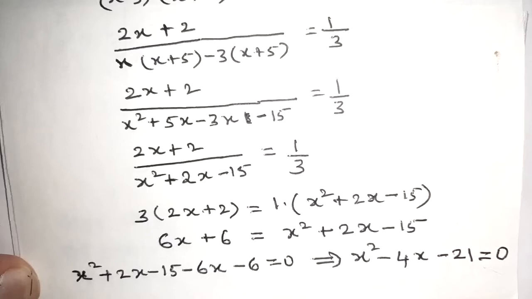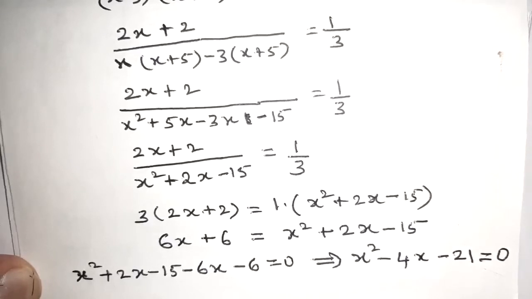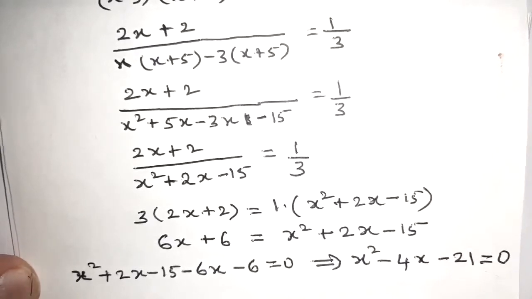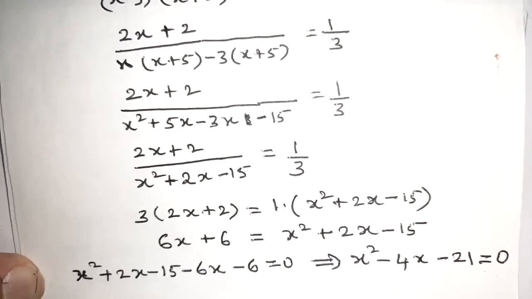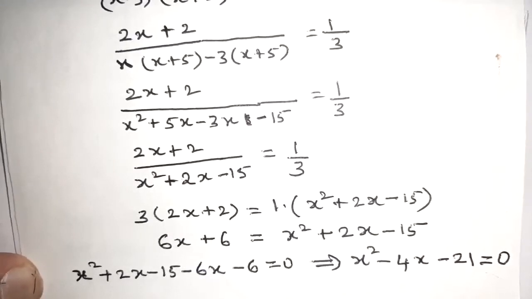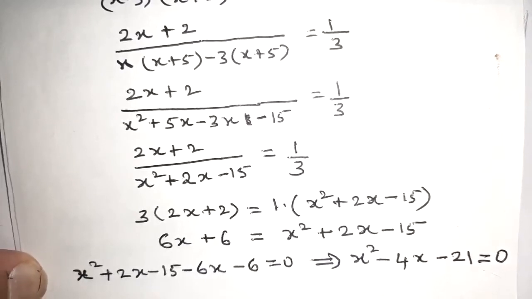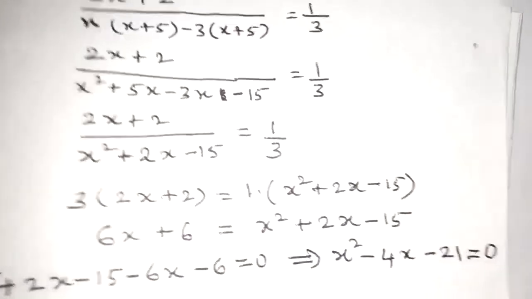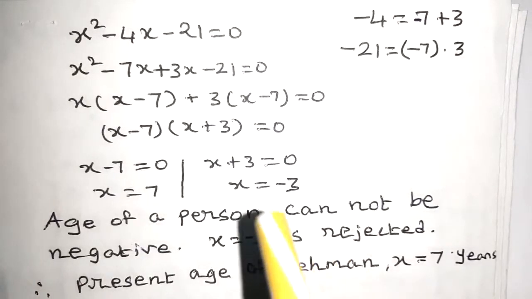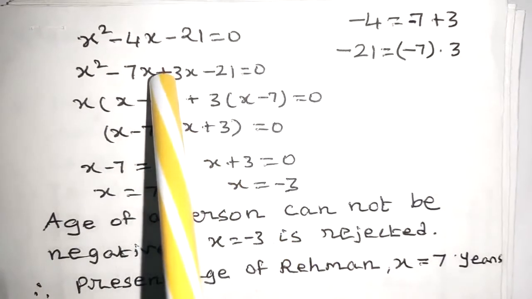After obtaining this quadratic equation, we can solve this quadratic equation by factorization method or quadratic formula method or by completing the square method. Now, in present, we completed the problem by factorization method.